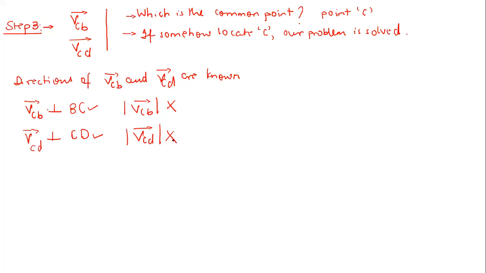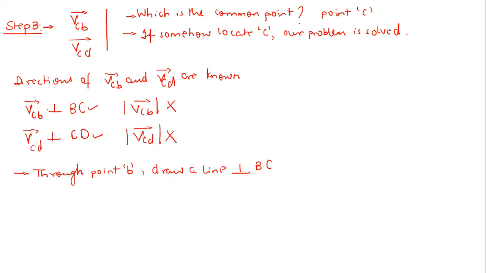Now, since you know the direction, the first step is: through point B, draw a line perpendicular to BC, since we are aware that this VCB vector will be perpendicular to BC.